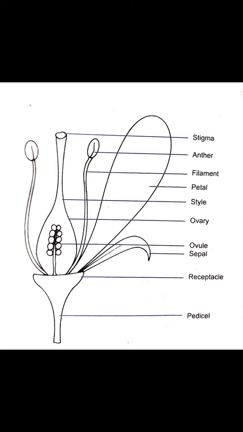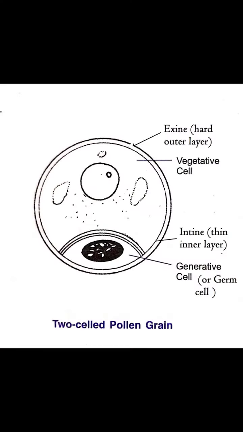When the pollen grains fall on the stigma, after that the process of pollen tube growth starts. Students, in my previous video, I have explained you the structure of pollen grain. So I think you know very well that a pollen grain is double layered. Outer layer is exine and the inner layer is intine.